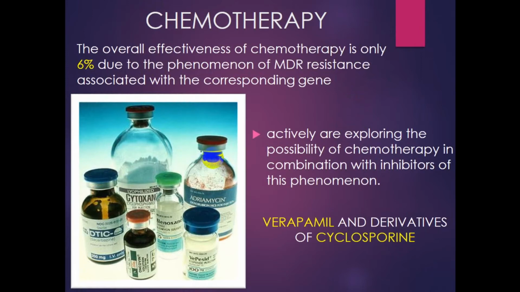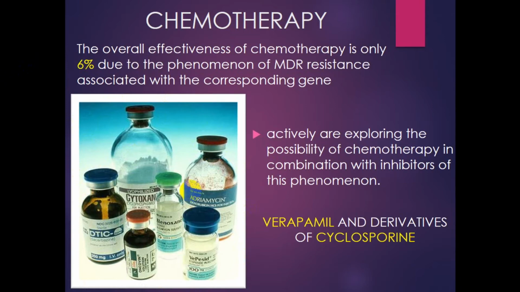Chemotherapy, the overall effectiveness is about 6% due to the phenomenon of MDR resistance associated with the corresponding gene. You can see some drugs which can help a person with this disease, actively exploring the possibility of chemotherapy in combination with the inhibitors of this phenomenon.